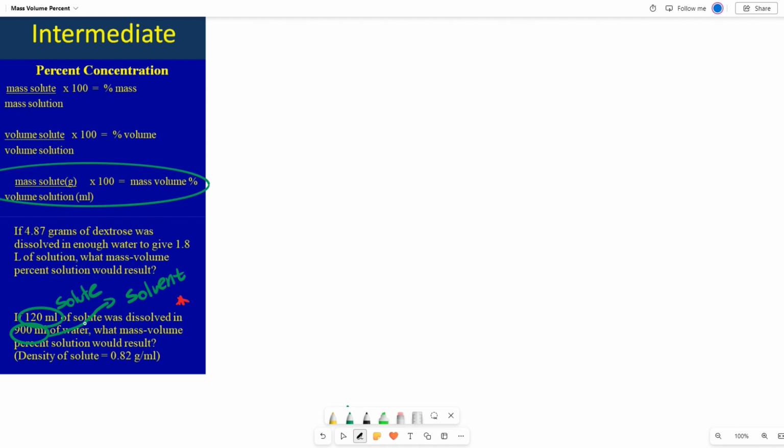All right, so our solute has to be in grams, but we're being given it in milliliters. But then it does give us the density, and density can convert between mass and volume. So our first step is we're going to convert 120 milliliters of solute into grams of solute. We'll use the density as the conversion factor.